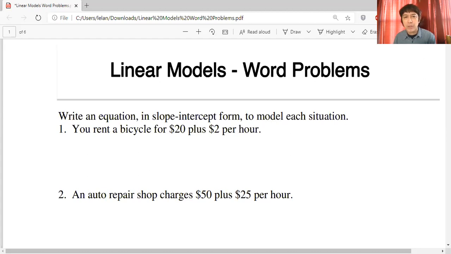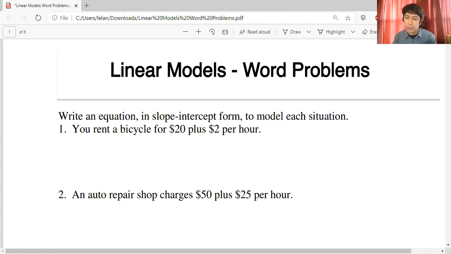Now the $20 payment will be at the initial time, that will be at time 0. So this must be the given y-intercept, and that goes to our b. That should be the $20. And then the $2 per hour means 2 over 1, $2 for every 1 hour. This is the slope m.